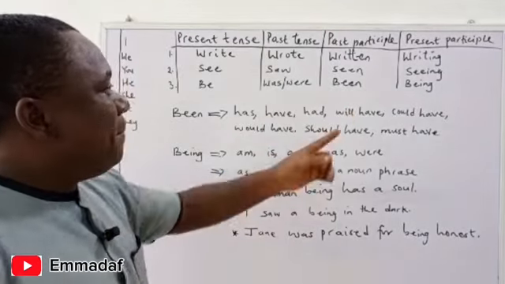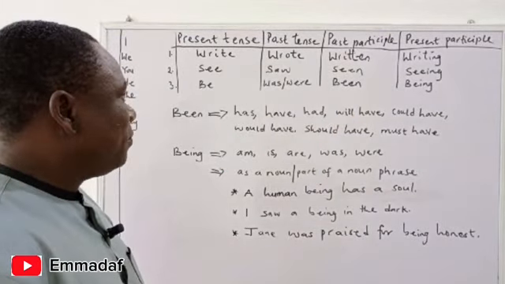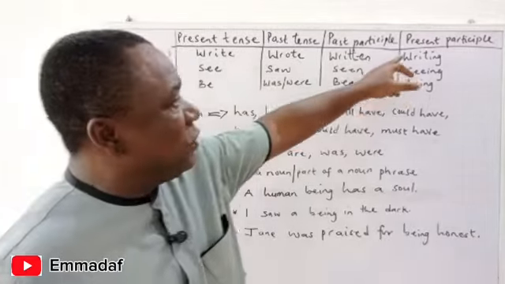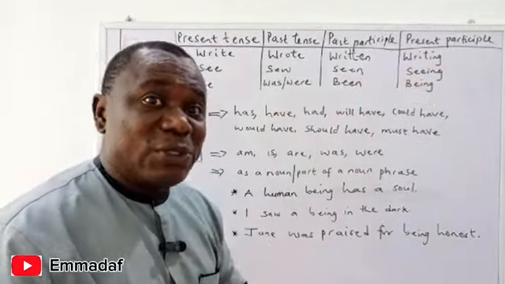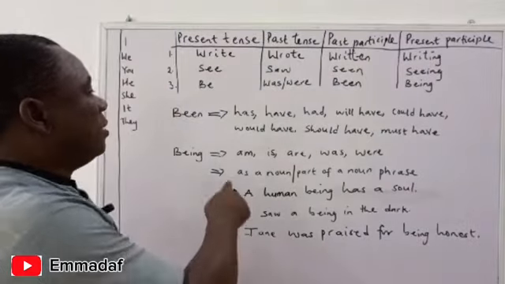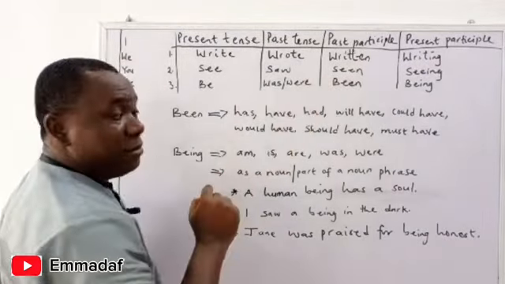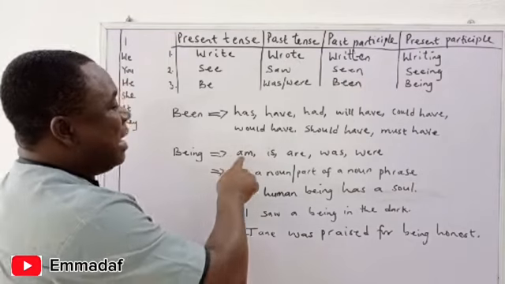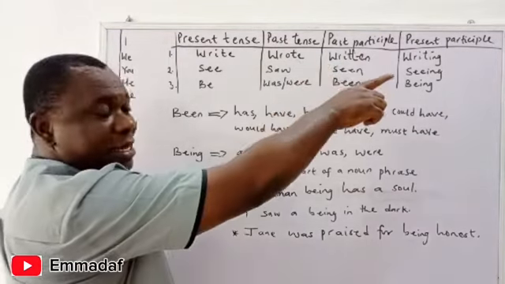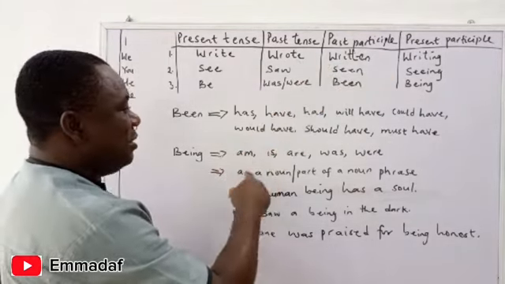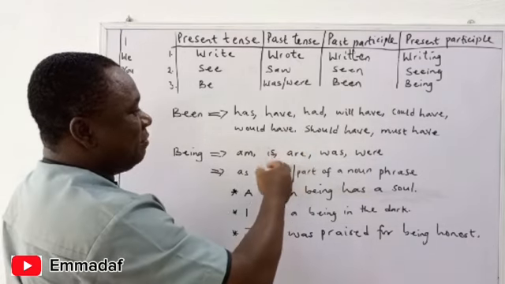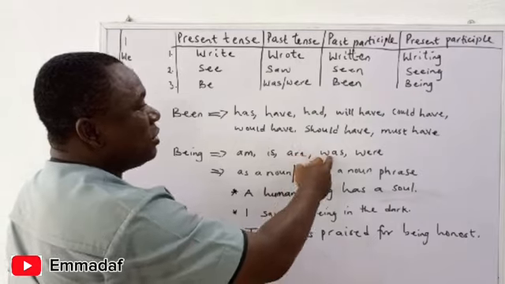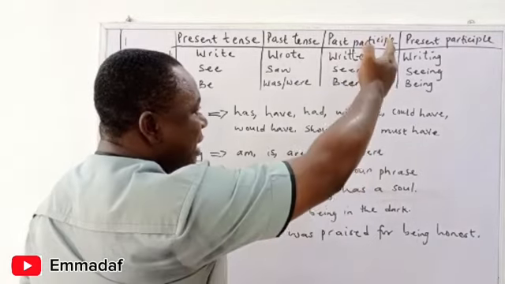Now for "being", what applies to all these other verbs, this present participle also applies to it. I am writing a letter, not I am reading a letter. I am writing. He is writing. They are writing. He was writing. They were writing.